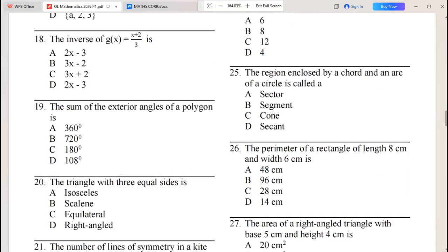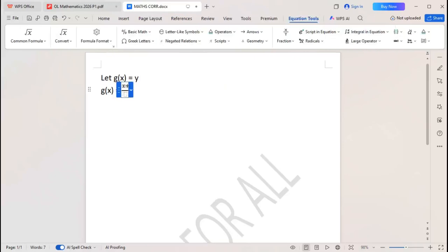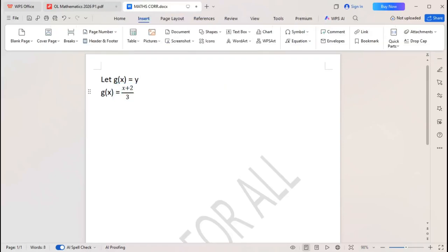Question 18. The inverse of g of x, which is equal to (x plus 2) over 3, is. To find the inverse of a function, we start by equating the function to an unknown. Let g of x be equal to y. Now we know that g of x is equal to (x plus 2) all over 3. So y is equal to (x plus 2) all over 3.